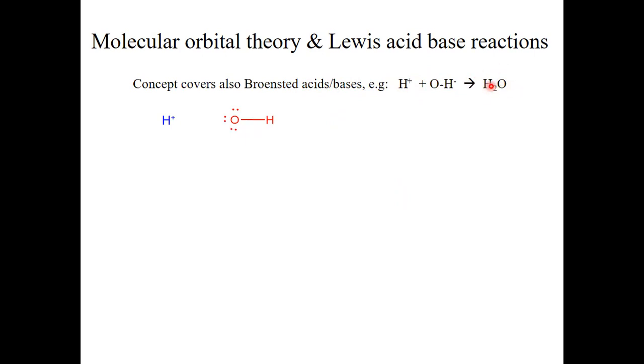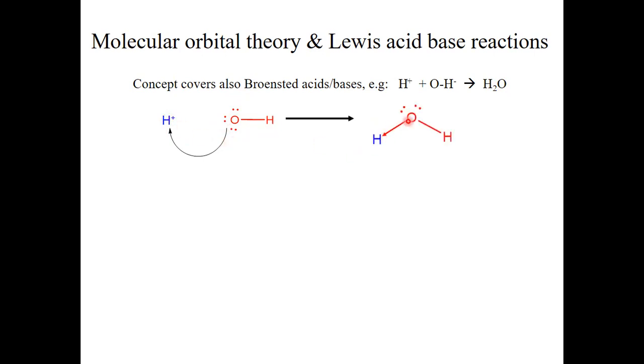Of course, that also would be an Arrhenius type of acid base reaction, but we can also view it as a Lewis acid base reaction, because we can say that the OH minus ion donates an electron pair to the H plus, which accepts that electron pair to make a covalent bond.